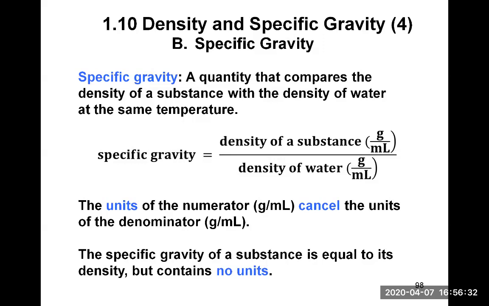And so specific gravity is, by definition, the density of the substance in grams per milliliter over the density of water in grams per milliliter. And you have to do this for values at the same temperature. It is important that this is for the same temperature because density depends on temperature.